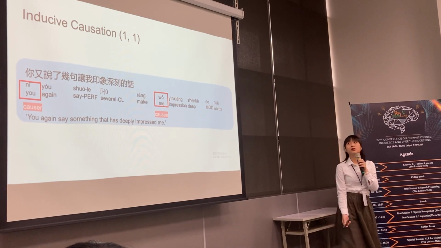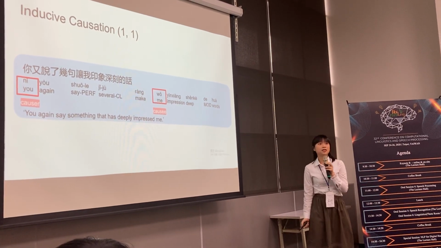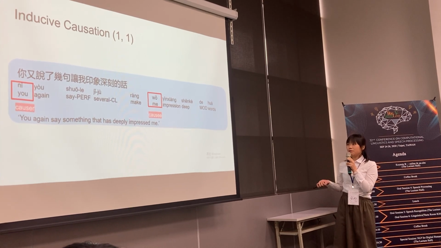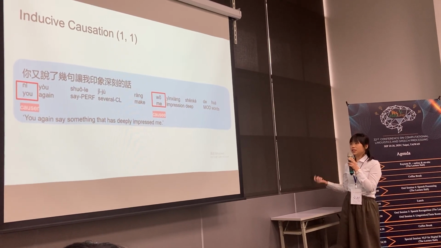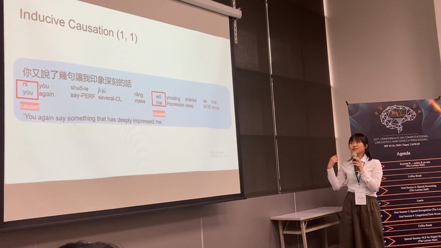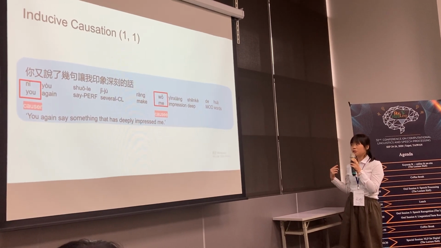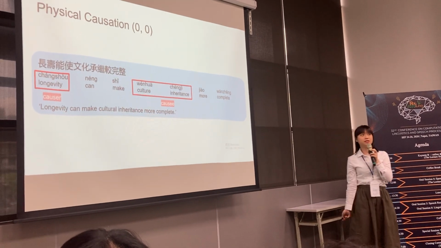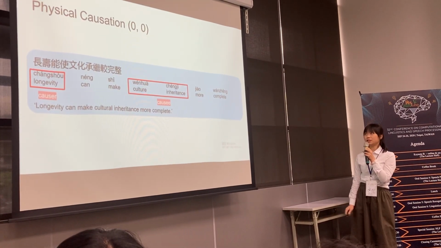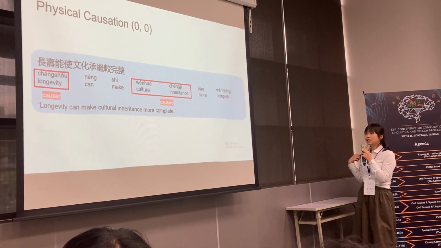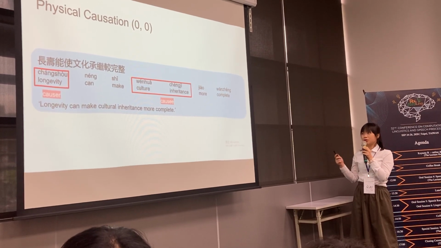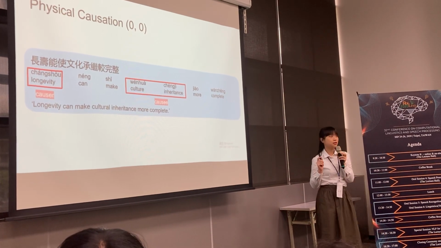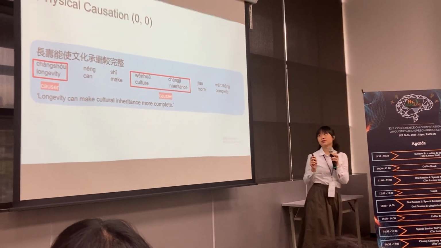This is an example of inducive causation. We can see that in this example, the causer and the causee, which means the subject and the object, are both mental. This is an example of physical causation. As we can see, the causer, which is longevity, is non-mental, and the causee, which is cultural inheritance, is also non-mental.